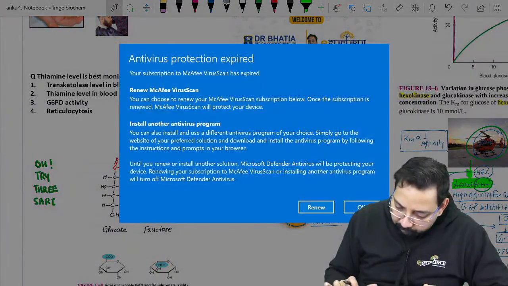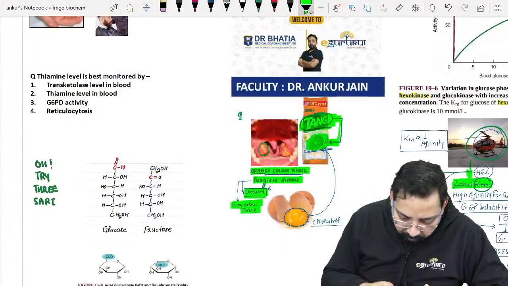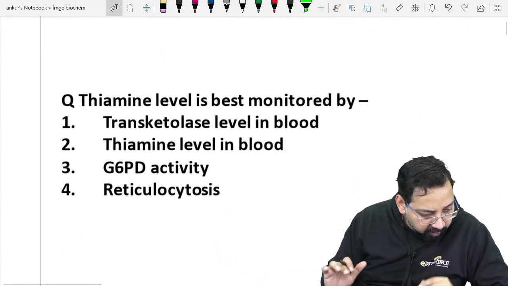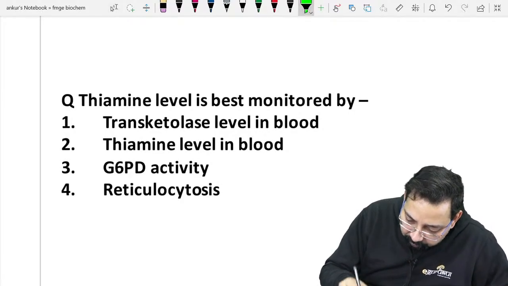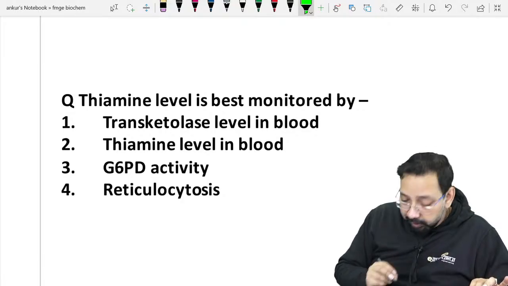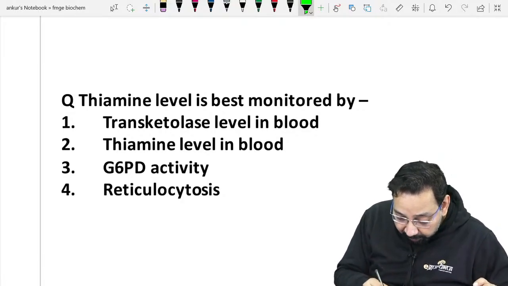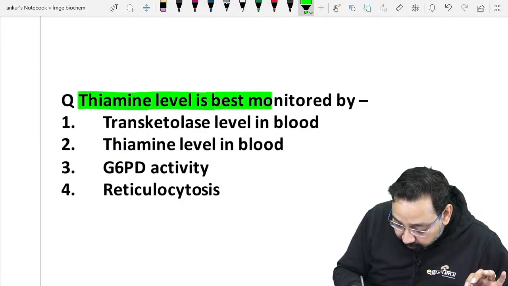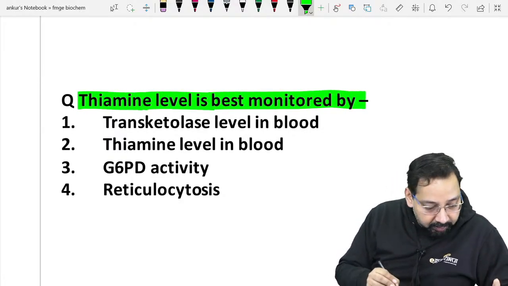Before going to the next mnemonic, let me ask you the answer of this question. This question has been asked so many times for the last 3-4 years. Every exam has more or less the same question. Thiamine level is best monitored by, please do reply, what is the answer?